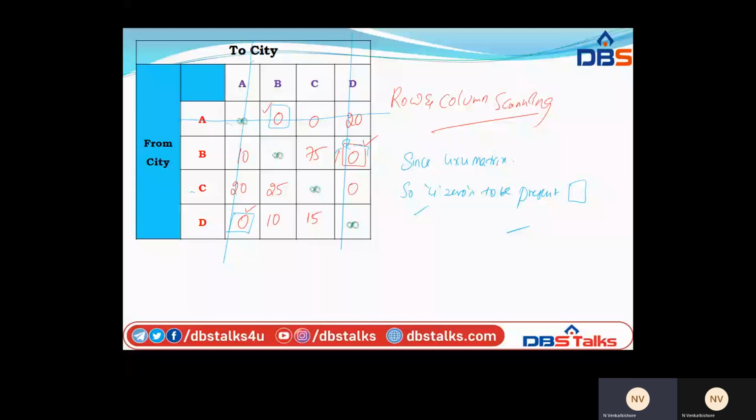These are the rows and these are the columns, and no value is to be changed. So obviously 10, 20, 0 and here also 0, 0 will be presented.